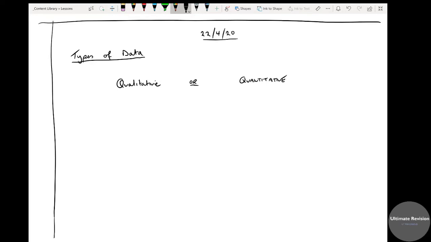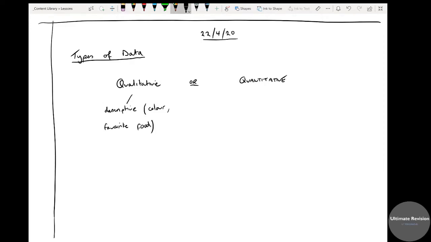Right, now qualitative is sort of descriptive. So it might be something like colour. It might be something like, I don't know, favourite food. Something that is written in words.